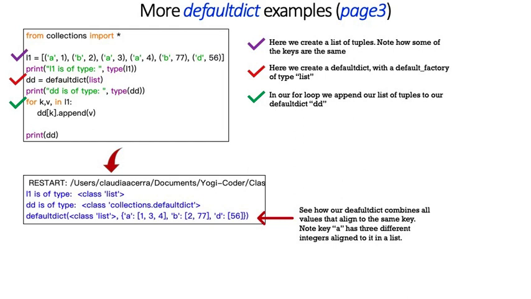So we've used string, then we've used integer, and now we're using list as our default factory. In our loop, we append our list of tuples to our defaultdict entitled dd. So you see how our defaultdict combines all values that align to the same key. Note, A has 3 different integers aligned to it in the form of a list. So A's value is a list, including the elements 1, 3, and 4.